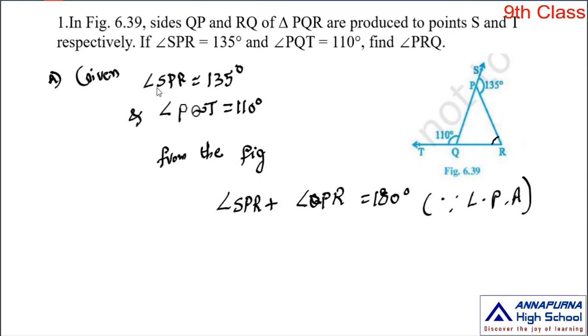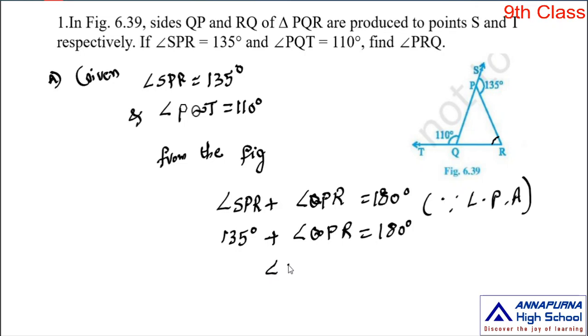Substitute angle SPR is equal to 135 degrees. 135 degrees plus angle QPR is equal to 180 degrees. Transpose the 135 degrees to right side.